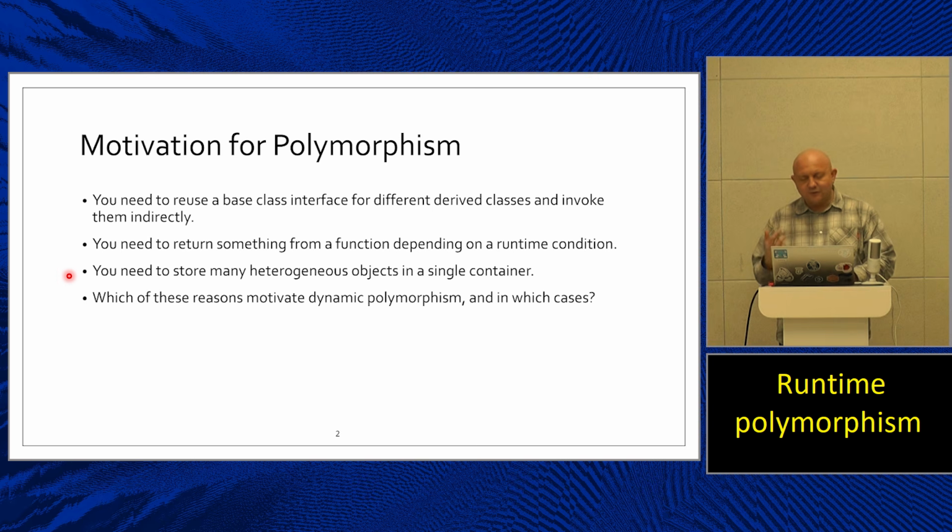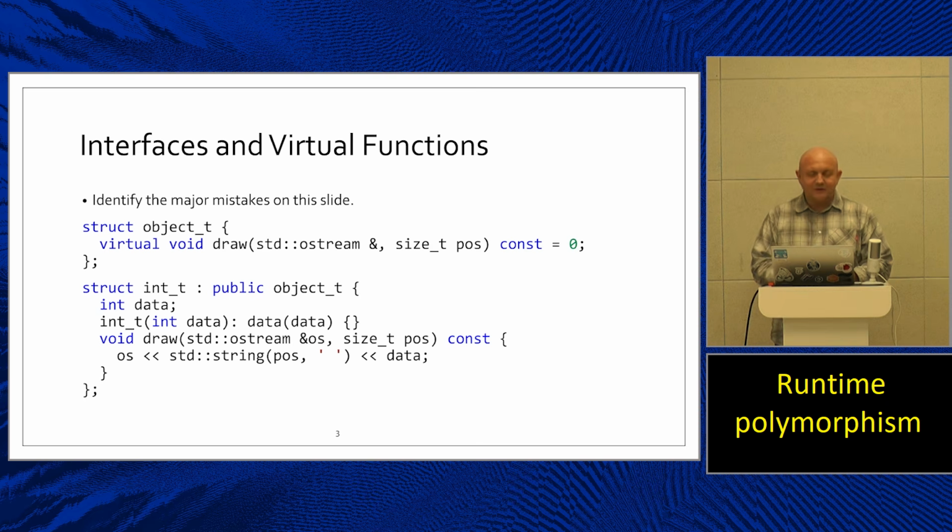Now let's move on and see how C++ actually implements runtime polymorphism and what trade-offs come with it. Let's look at a very simple example. Extremely simple. We have an abstract base class with a pure virtual function draw and a derived class int_t that implements it and draws some integer data.